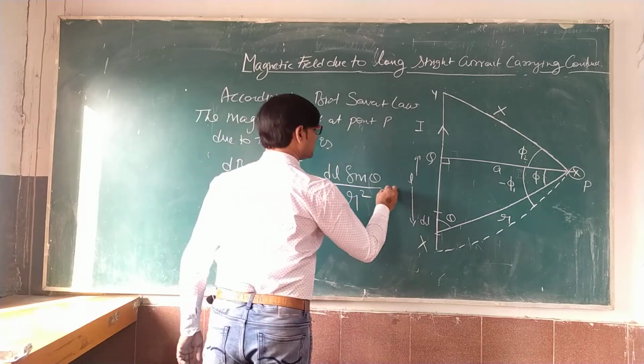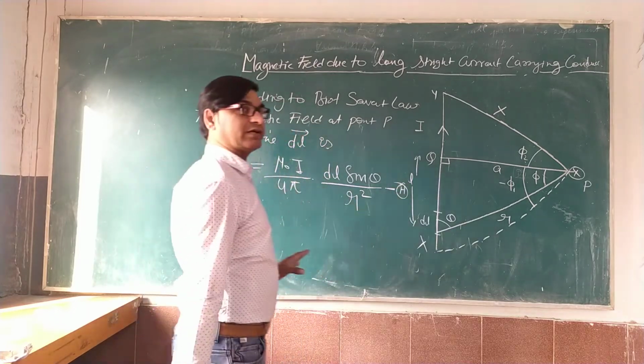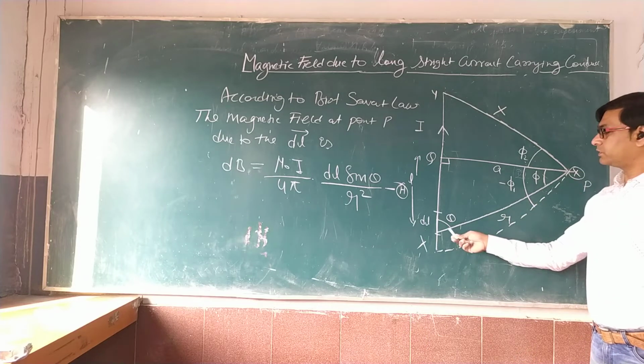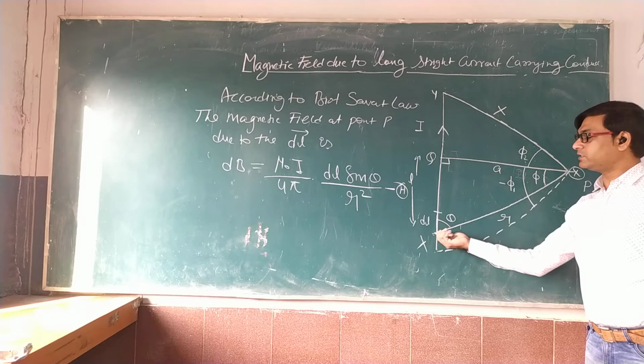So this is equation A. This is the magnetic field at point P due to the current element dl.